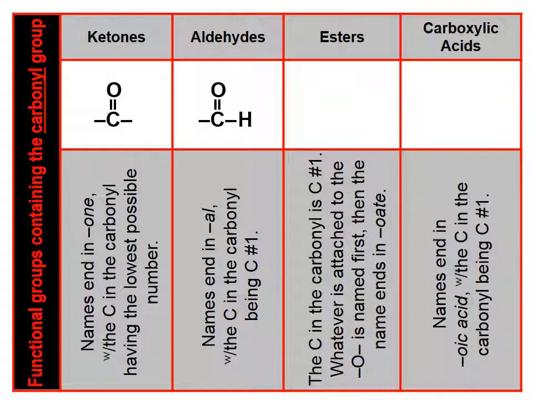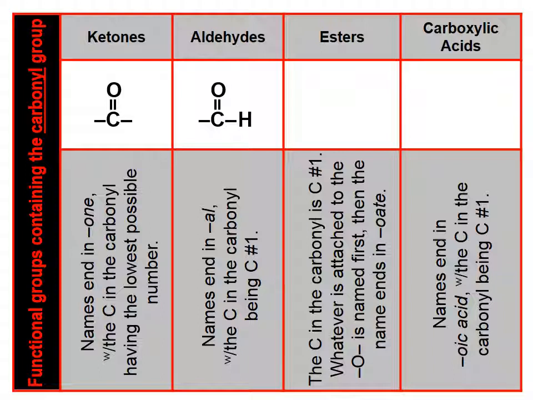Aldehydes have a hydrogen attached to the carbon in this carbonyl group. You can compare that to the ketones, where to the left and right of the carbon you don't have hydrogen. You have typically other carbons.